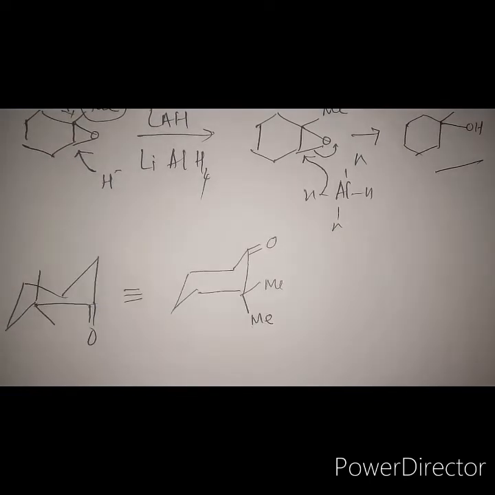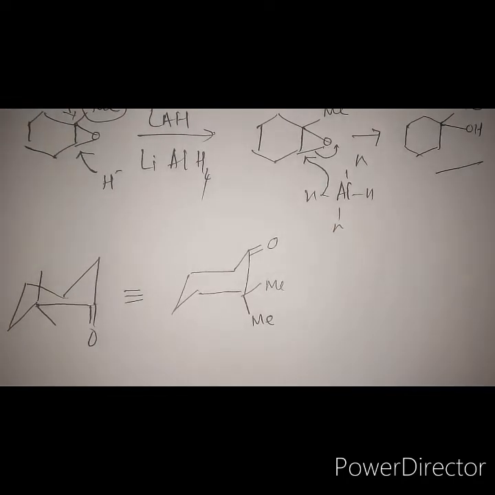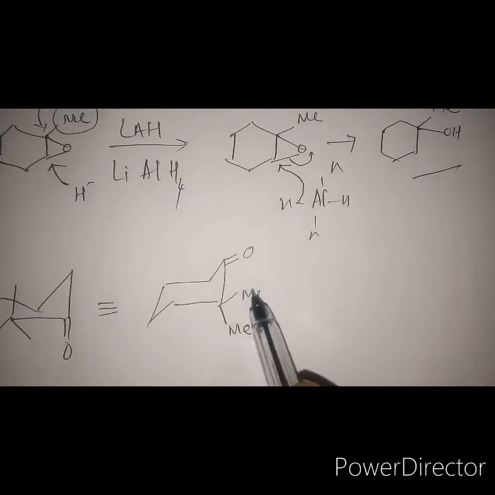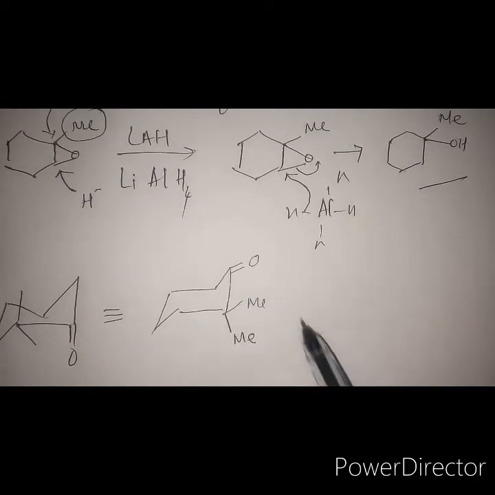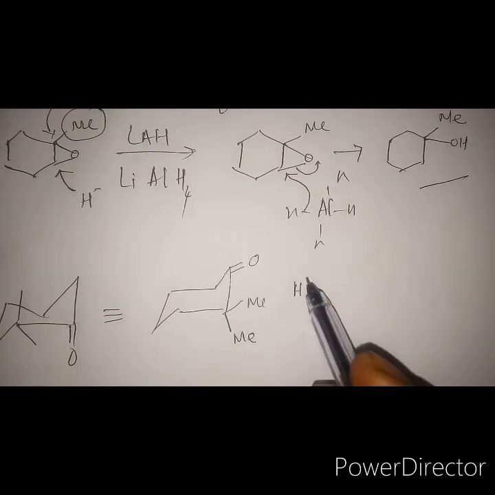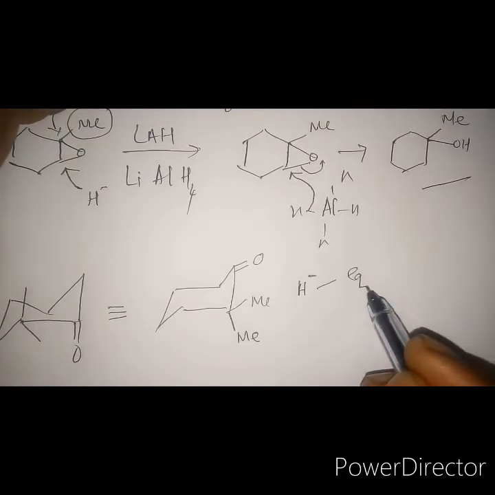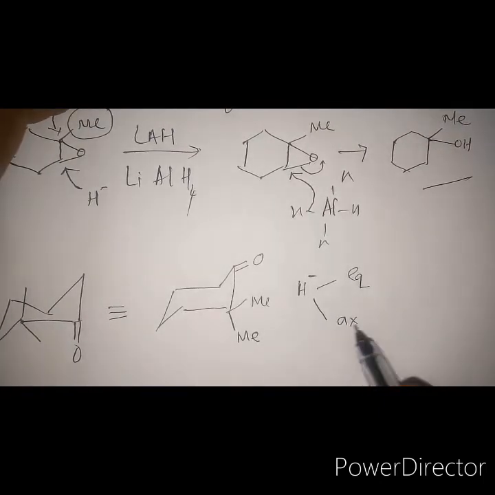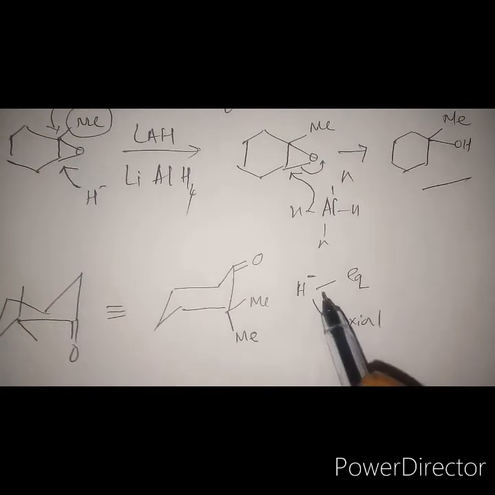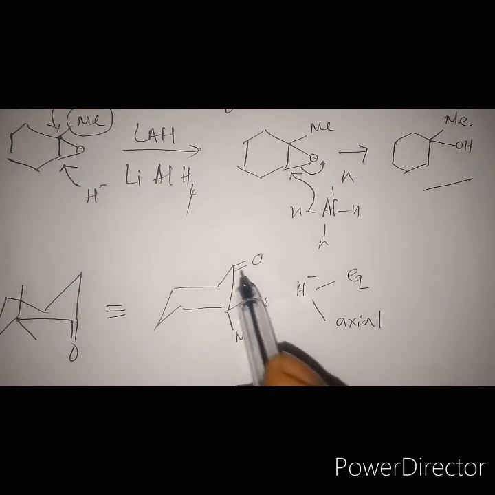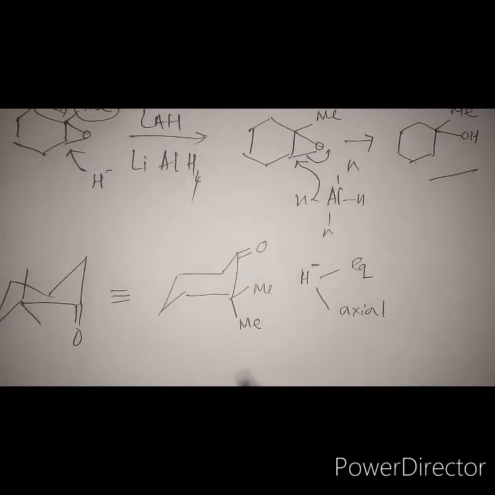Okay, so we have rewritten the same molecule in a different fashion. So the lithium, this is the hindered side, so therefore the hydride will be transferred through, there are 2 ways. One is equatorial transfer or axial transfer. So if it is equatorial, you will get, you can write it like this.